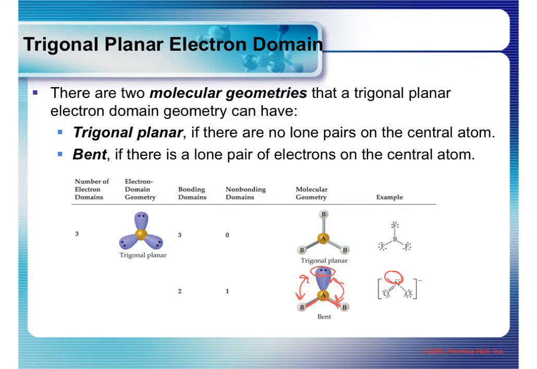But imagine taking a snapshot of this, and remember that in your snapshot, lone pairs don't show up. So the molecular shape, that's the shape without looking at the lone pair, is bent. All right. So both of these structures have an electron domain geometry of trigonal planar. It's only the molecular geometry and molecular shape that is different.